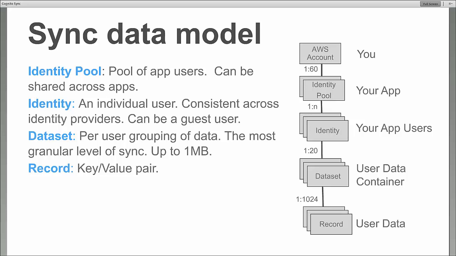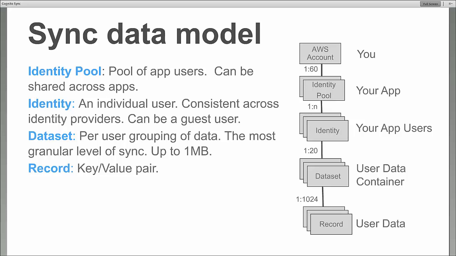Each identity has data sets in the cloud, and these data sets contain up to 1 megabyte of information. So each identity has up to 20 data sets of 1 megabyte each, and the reason we split it up into 1 megabyte data sets is this is the most granular level of sync.